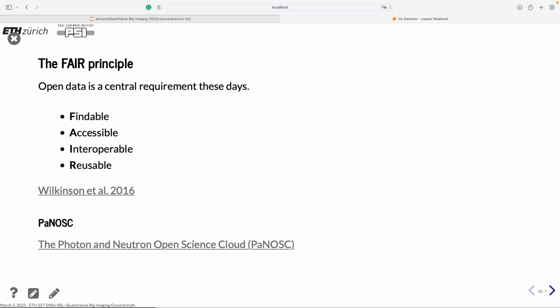The FAIR principle is built on the concepts of findable, so it needs to be in a database where you can at least find it. The next one is accessible, and with that, there should actually be somewhere where you can download it, ideally. That is often done using DOIs, document object identifiers.